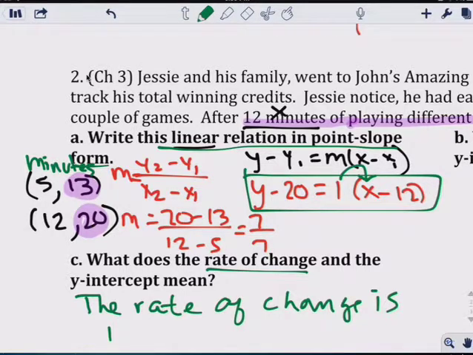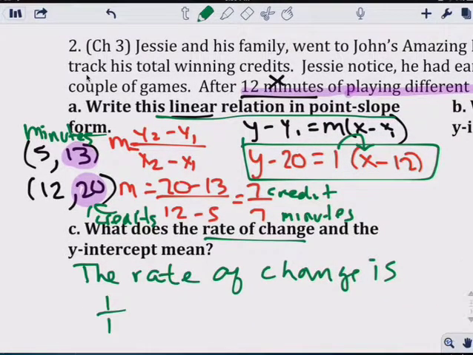And this is credits. Okay, so this is 7 credits for every 7 minutes. So, or 1 over 1, which is reduced to 1 over 1.